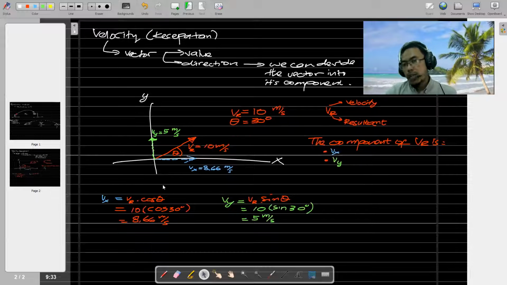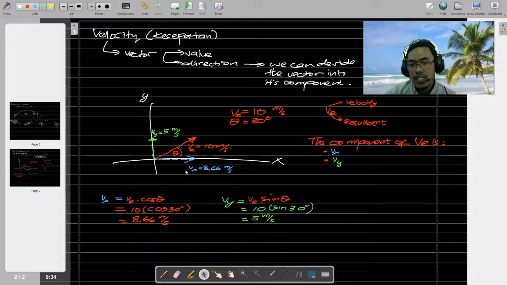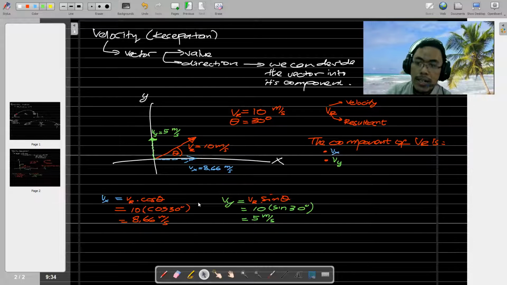Through our calculation with very simple trigonometry, we have two components here. The first one in the x-axis is 8.66 meter per second, and in the y-axis we have 5 meter per second. So these are the components of the VR.